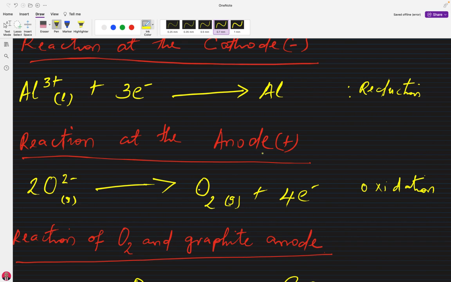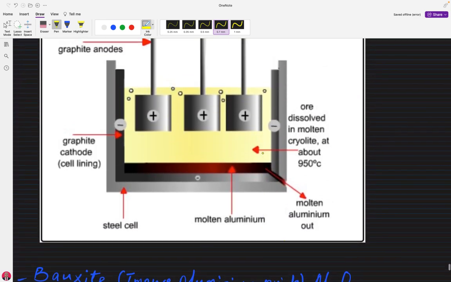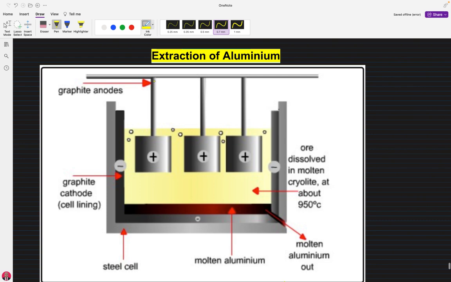The oxygen produced at the anode reacts at the high temperature of the cell with the graphite anode. Remember, I told you this graphite at the anode is dipped into the electrolyte. So the oxygen that is being produced here will now react with this graphite, with this carbon here. Graphite is carbon, so it reacts with carbon, and carbon dioxide is produced.